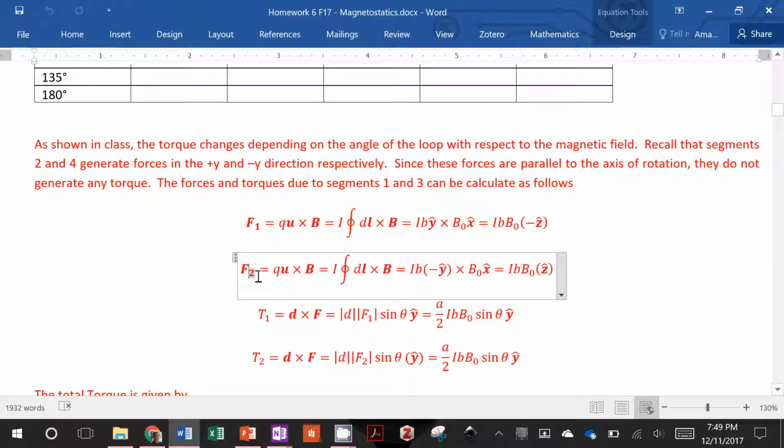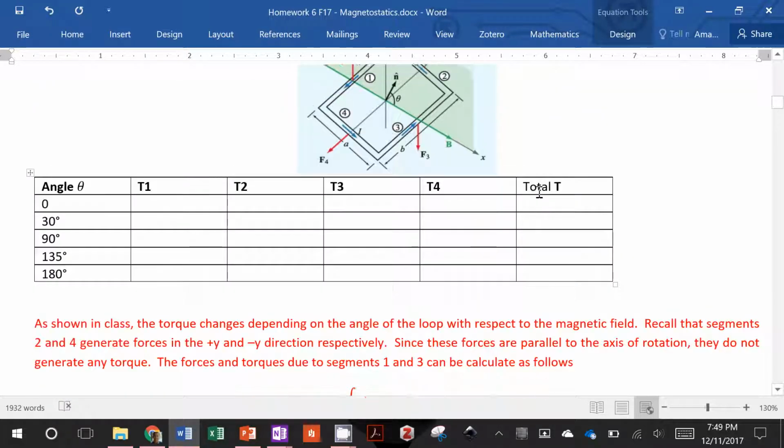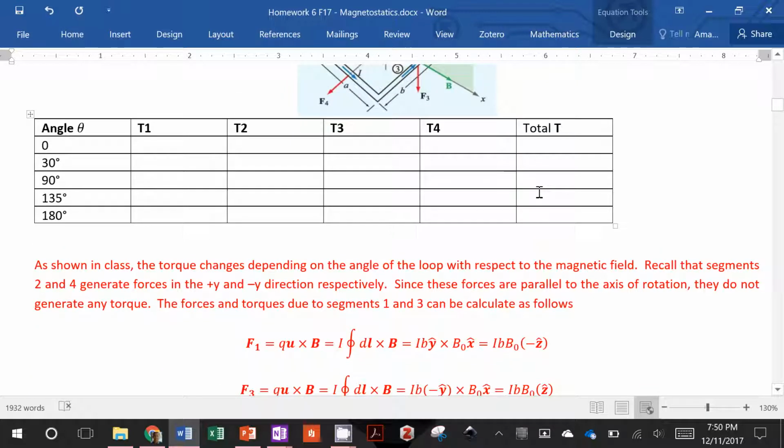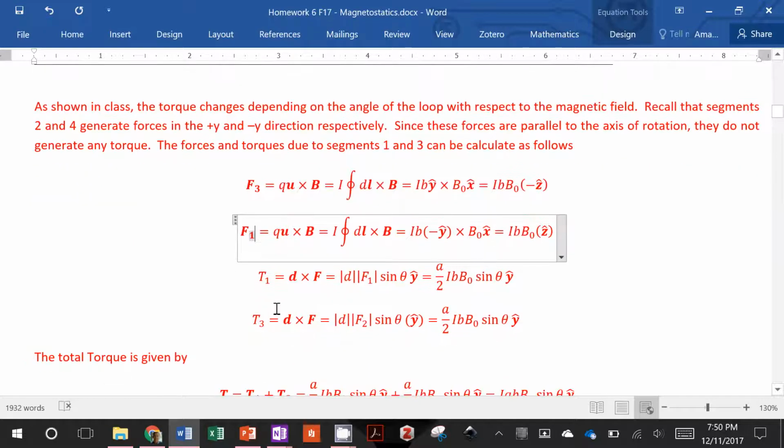Or 3 and 1, yes, 3 and 1 is correct. 3 is in the negative z-hat direction, and the other is the positive z-hat direction. Forces parallel to the axis of rotation don't contribute. So let's make sure everyone's on the same page here.